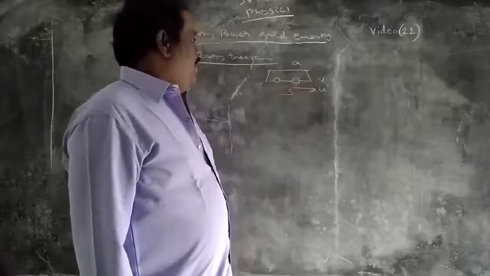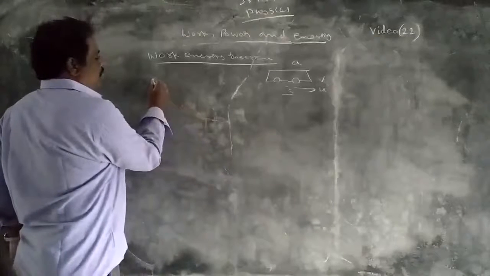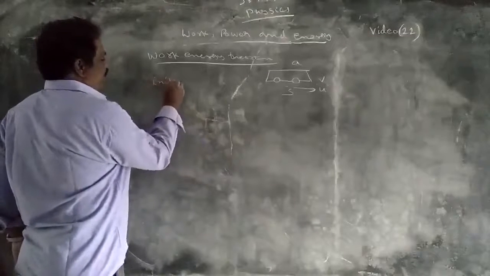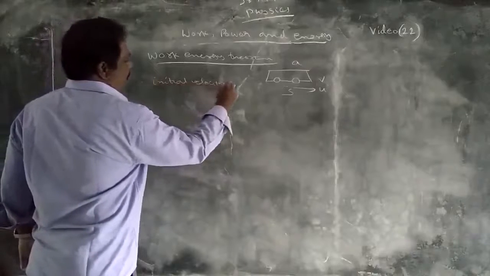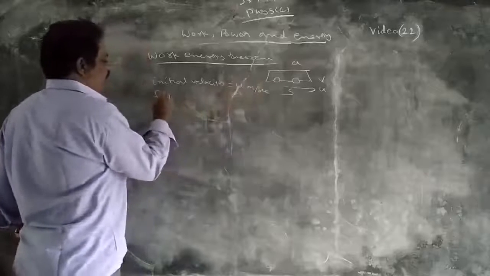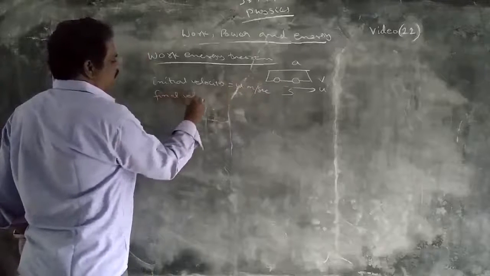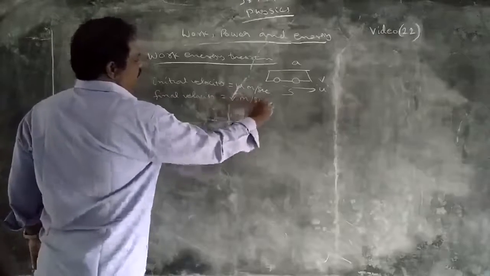We will write the letters again. Initial velocity u, meter per second. Final velocity v, meter per second.